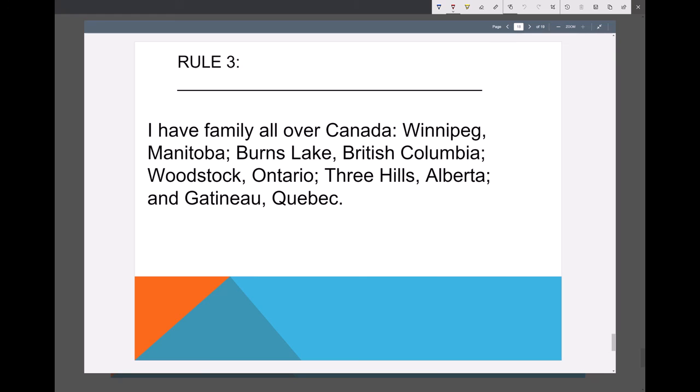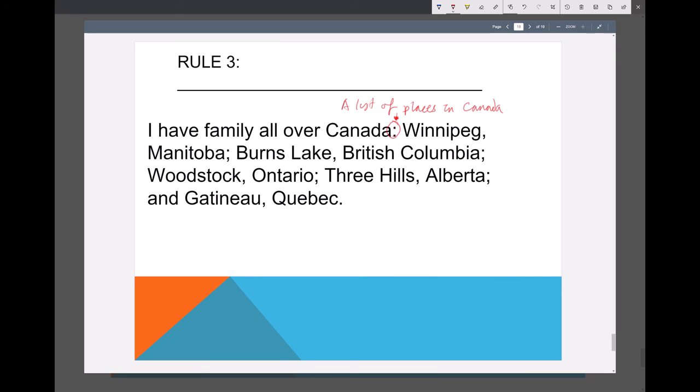Notice there's a colon here. So it's talking about the different places in Canada. So the colon, these two dots, would start a list of places in Canada. So it's going to tell you that list.